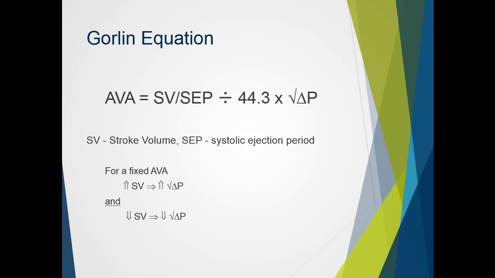It's important to note the fixed relationship. If we know the aortic valve area is fixed and the stroke volume goes up, the change in pressure must correspondingly also go up to keep everything constant. And therefore the other way: if stroke volume goes down, then this change in pressure must also go down.